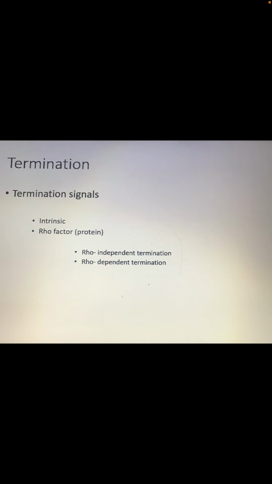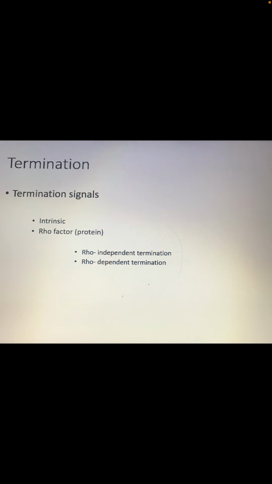One is known as intrinsic and the other is known as extrinsic, or one is known as Rho independent and the other as Rho dependent. Intrinsic means there are some special types of sequences present internally at different sites of DNA which act as the stop signals to stop the further synthesis of RNA.